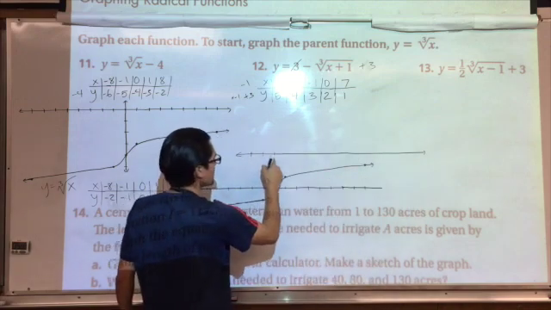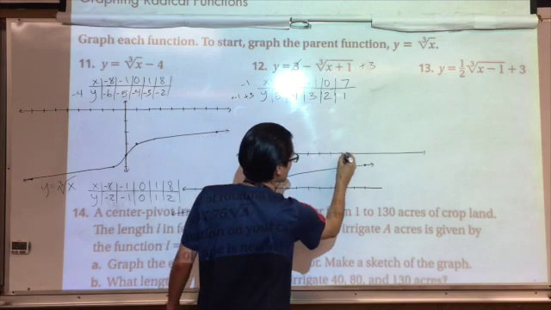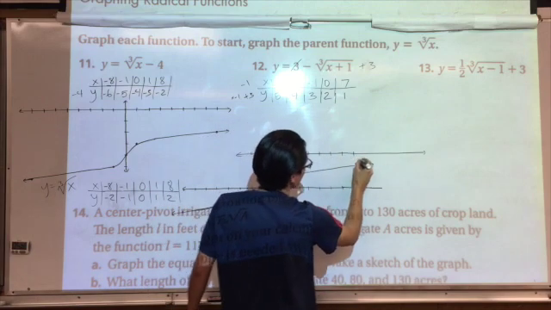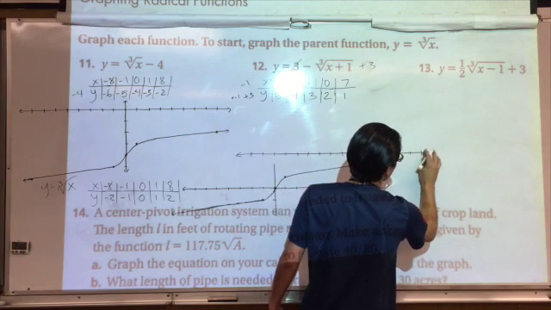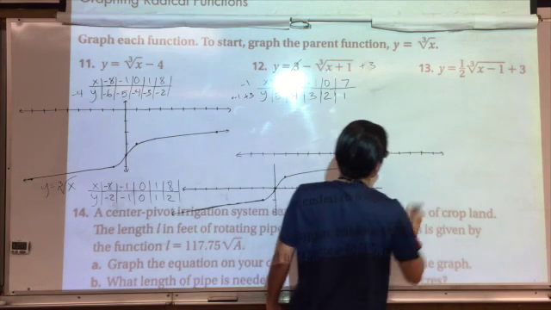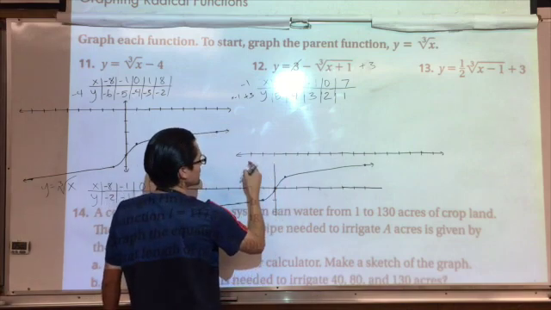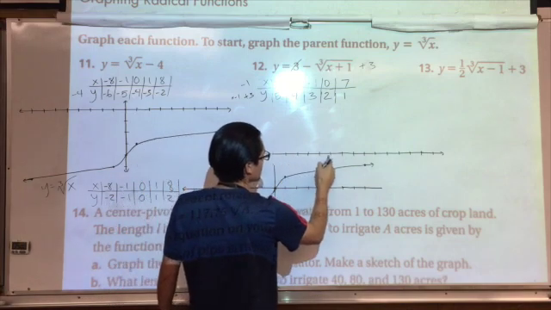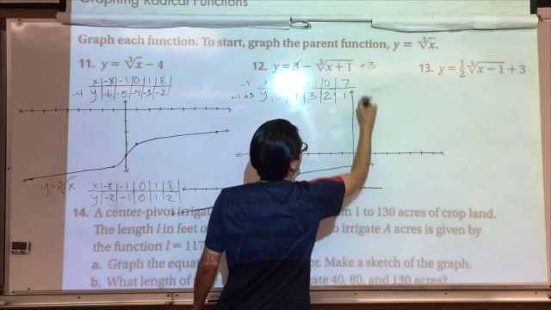Negative 9, negative 8, negative 7, negative 6, negative 5, negative 4, negative 3, negative 2, negative 1, 0, 1, 2, 3, 4, 5, 6, 7. That's what I need. And for my y values, I really only need positives. 9, 8, 7, 6, 5, 4, 3, 2, 1, 0. Right here. And up like that.